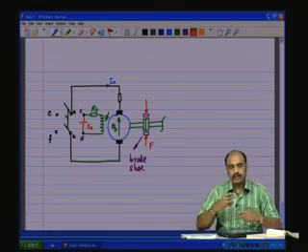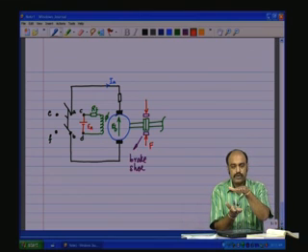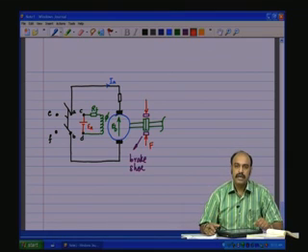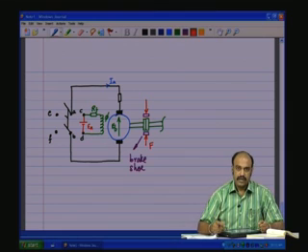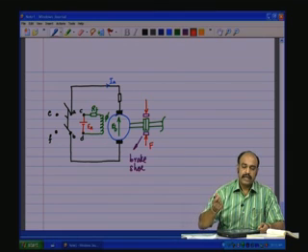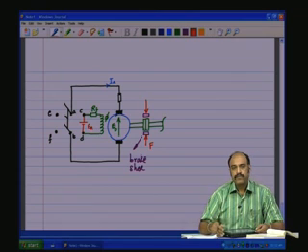So, which means the mechanical shaft is rotating and you are going to apply force onto the brake shoe and the brake shoe is going to hold on to the shaft, and then due to the friction between the brake shoe and the rotating shaft, the mechanical system is going to come to a halt, which means the mechanical energy which is stored in the inertia is going to get dissipated as heat in the friction.